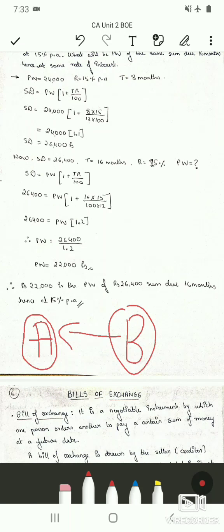Only then is that written document valid. So that written document is nothing but a bill of exchange.